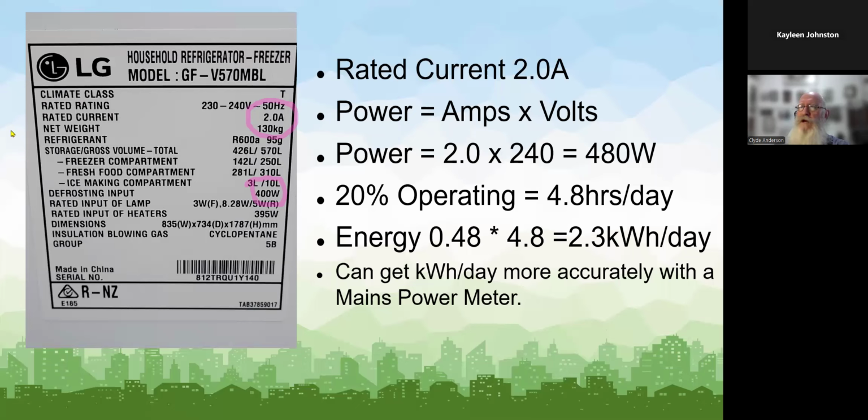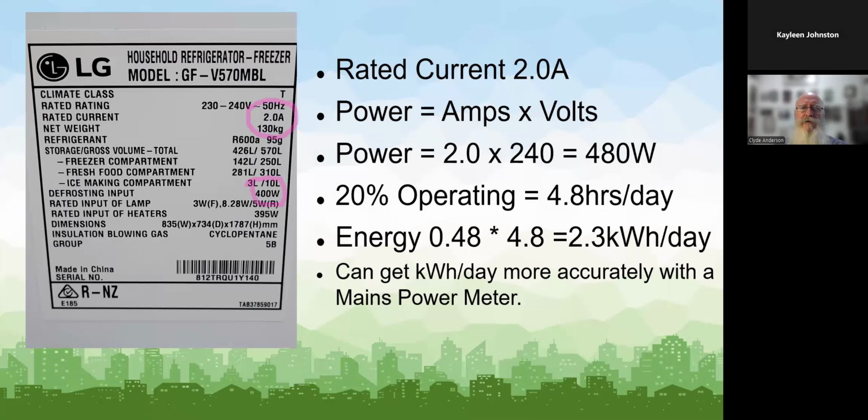In a refrigerator, it's intermittent operating. It depends on how often you open the door, how often you put in warm things, all sorts of reasons why, and the insulation level on the device itself. But 20% operating is a good number to think about.